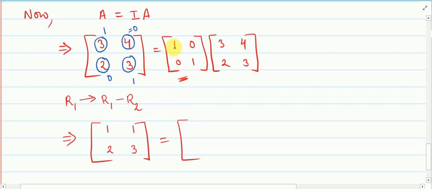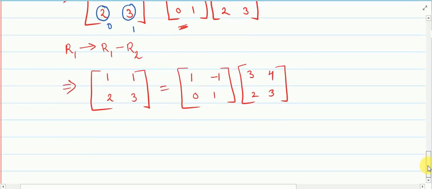So 1 minus 0 is simply 1, and 0 minus 1 will be minus 1. Done. So this is 1. I should make this now 0, this one 1, and this one 0.